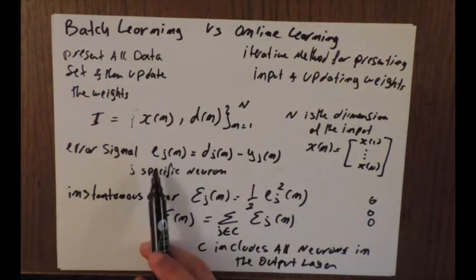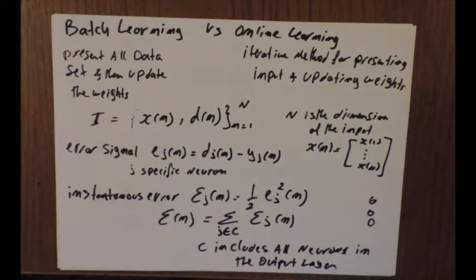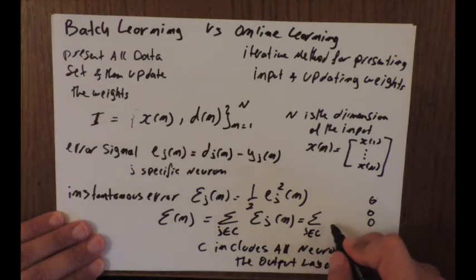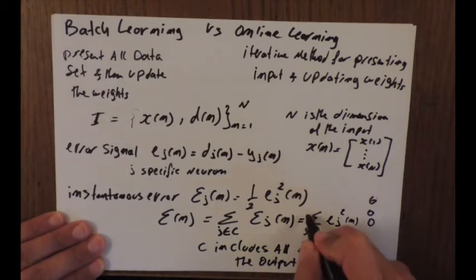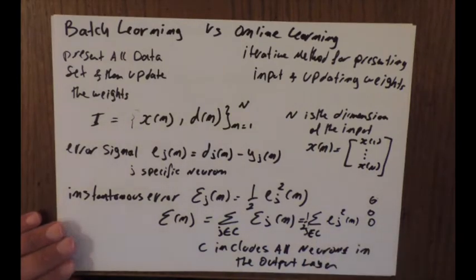We calculate the error signal for a specific input and specific output for a specific neuron, and then the instantaneous error, which is half of the square of the error signal, and the summation for all of them. Now this will be equal to the summation over j belongs to C of e j squared of n, and here we have the half.